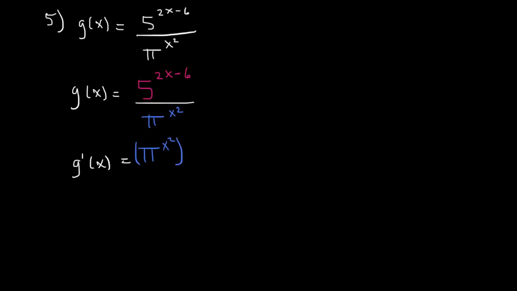Use parentheses anytime you do top bottom, times the derivative of the top, the derivative of 5 to a power, 5 to the same power, times correction factor because 5 is not e, times ln 5, times the derivative of the power, times 2.